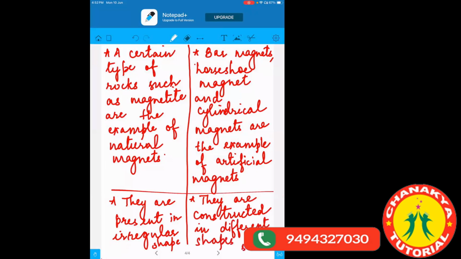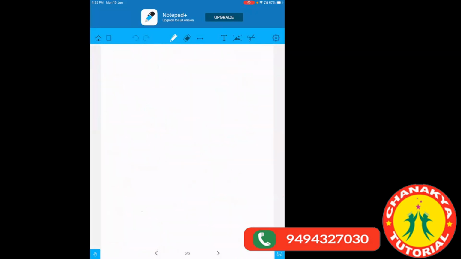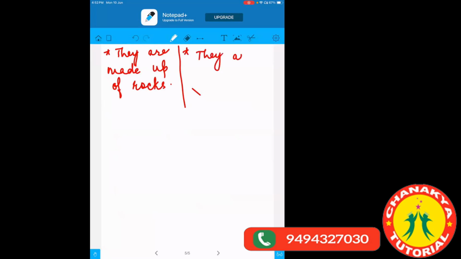And the last difference is that natural magnets are made up of rocks, whereas the artificial magnets are made up of iron, cobalt, and nickel.